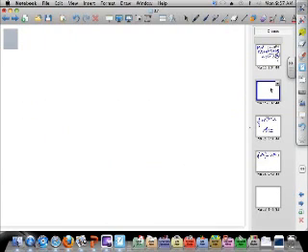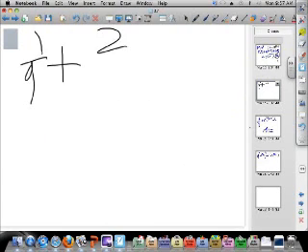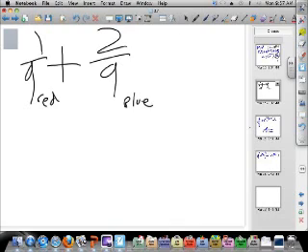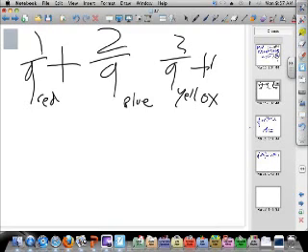Therefore, we could just do some arithmetic, and we say 1/9 plus 2/9. This is red. This is blue. Plus 3/9. This is yellow. Plus the probability of purple, we don't know this yet, is equal to 1.